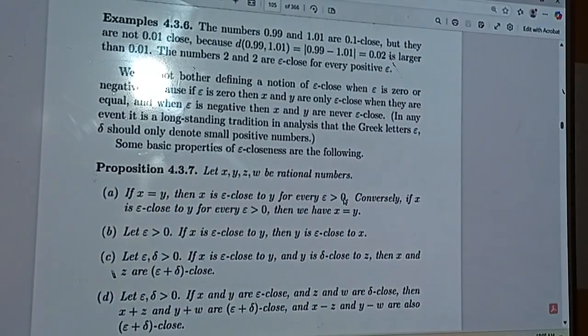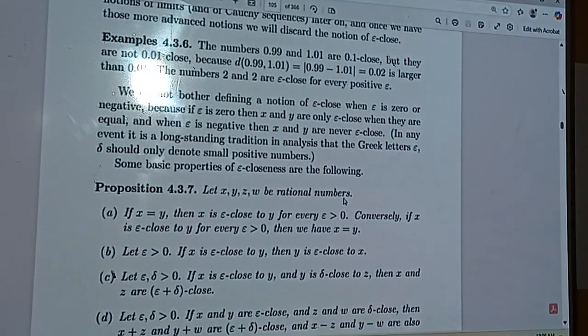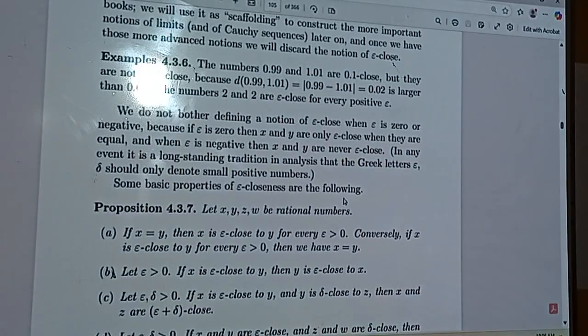Then you know d(x,z) is less than or equal to d(x,y) plus d(y,z). Triangle inequality. We discussed that? I think so. So it is no big deal. All of them are mechanical. Many things we learn are mechanical.